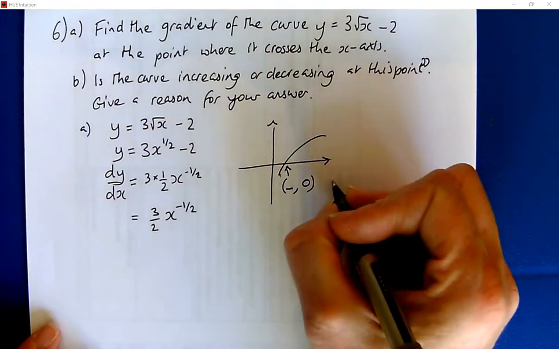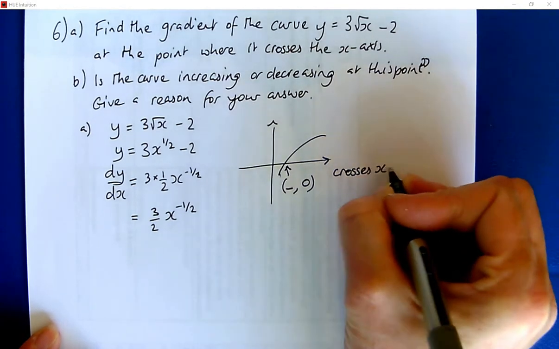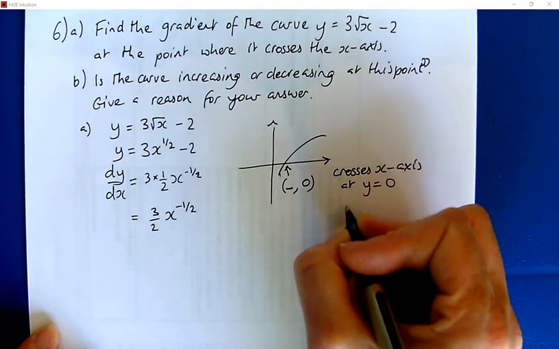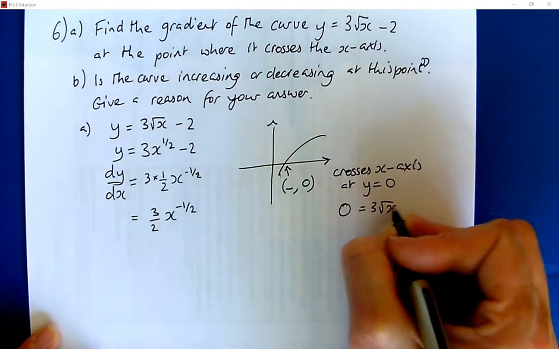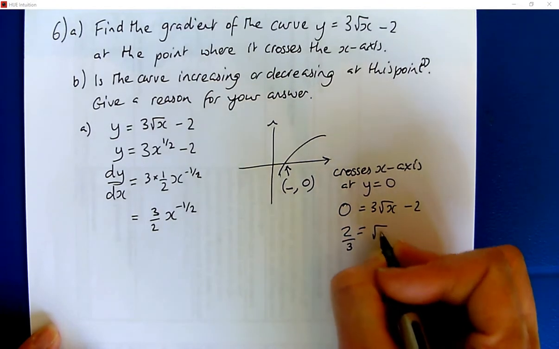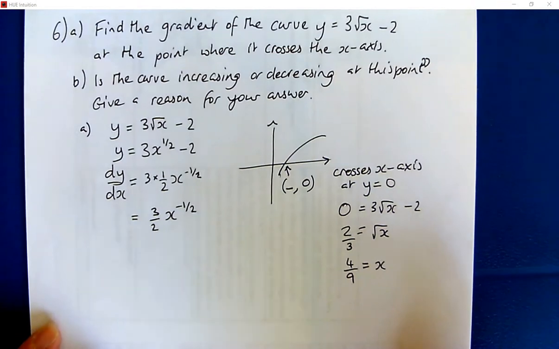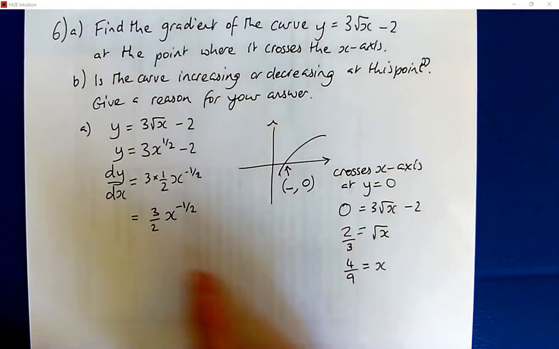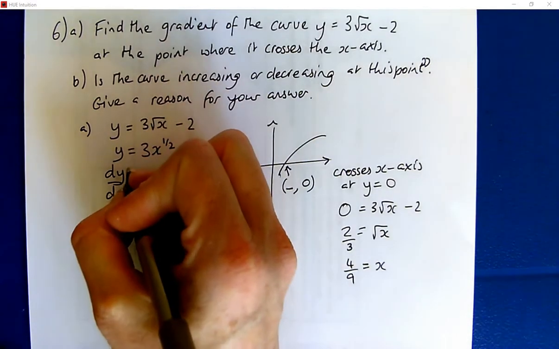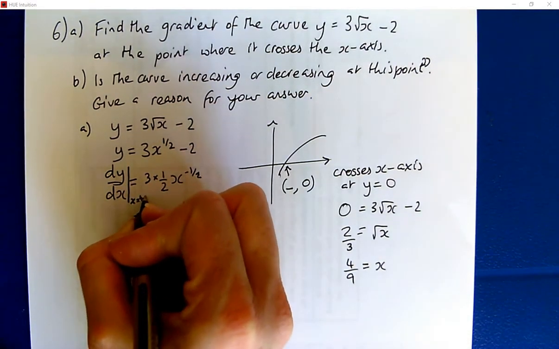So we've got 0 is 3 root x minus 2. So 2/3 is root x, and so if we square both sides, we get 4/9 is x. And now we can substitute that in. So actually, we're working out the derivative, the gradient, at x is equal to 4/9.